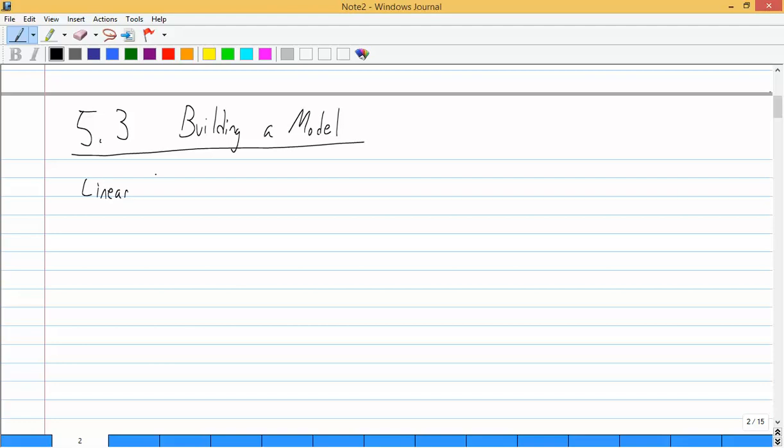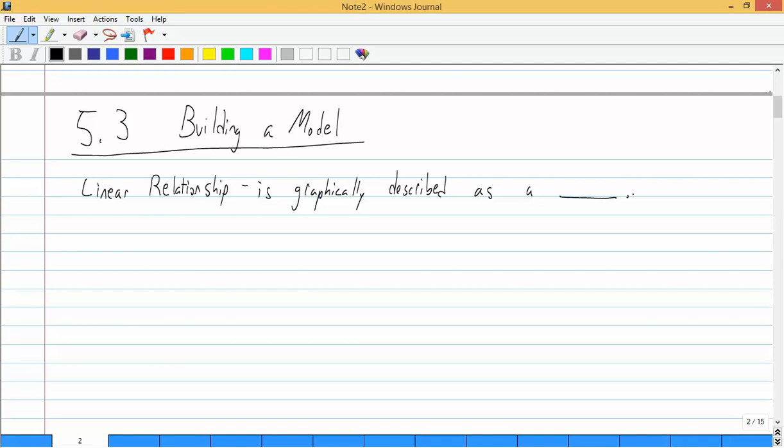Think of the word linear and what it means. A linear relationship is graphically described as, I'm going to put a blank.